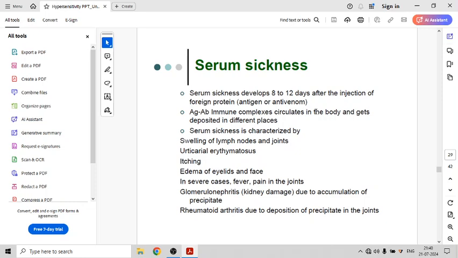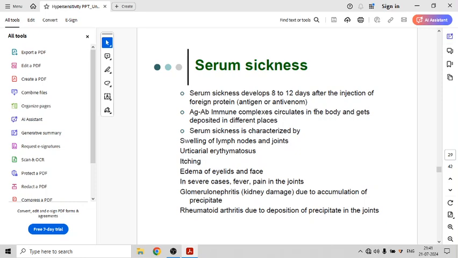Now coming to the serum sickness. The serum sickness is experienced by the person who undergoes antivenom therapy, and it is experienced 8 to 12 days after the injection of the antivenom. Here, the antigen antibody complex circulates in the body and gets deposited in different parts of the body.